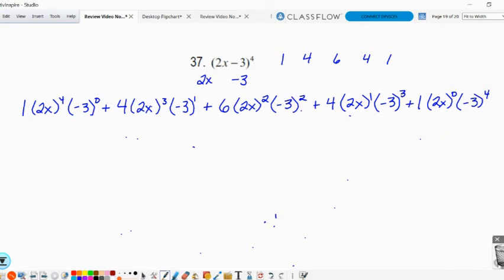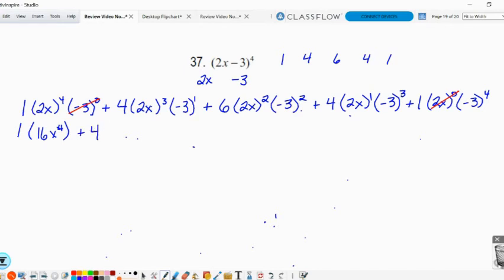And I'm going to approach this like I did the last problem. I'm going to work on the exponents all the way through and then multiply the coefficients. Oh, but one thing I want to do first, I want to get rid of anything to the power of 0. So let's cross these two things off. So they are just 1. 2x to the fourth would give us 16x to the fourth.